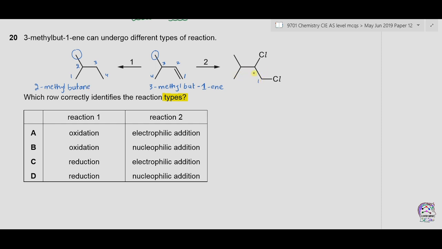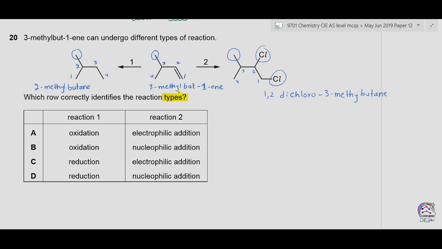We have 1, 2, 3, 4. On the first and second carbon atoms we have 2 chlorine atoms, and on the third carbon atom we have a methyl group. So the name will be 1,2-dichloro-3-methylbutane.